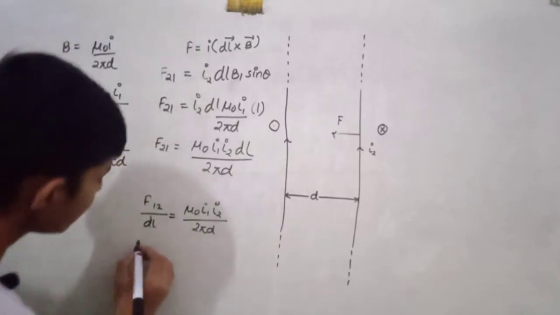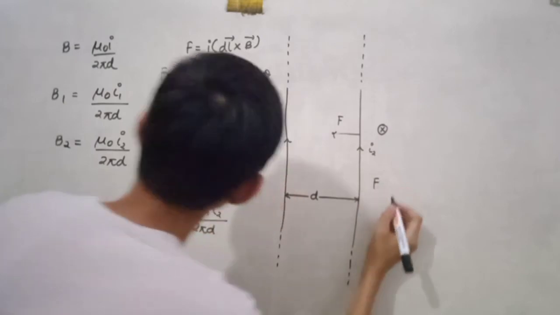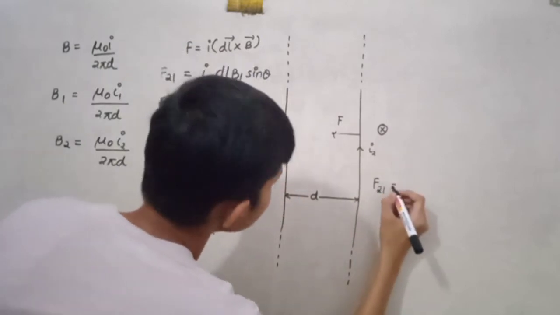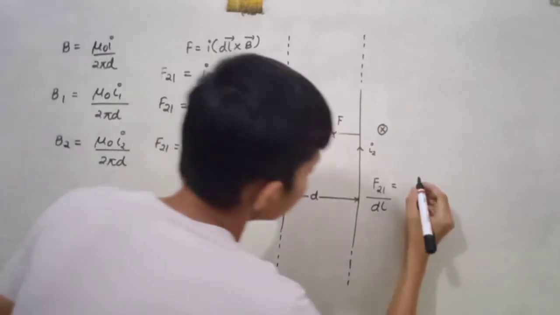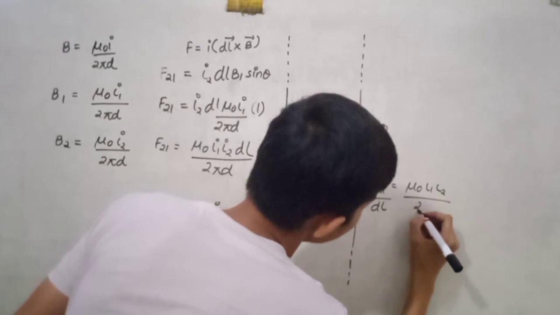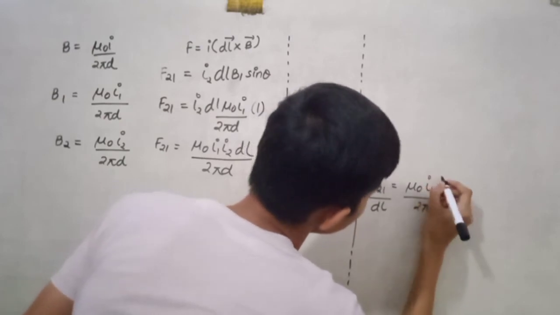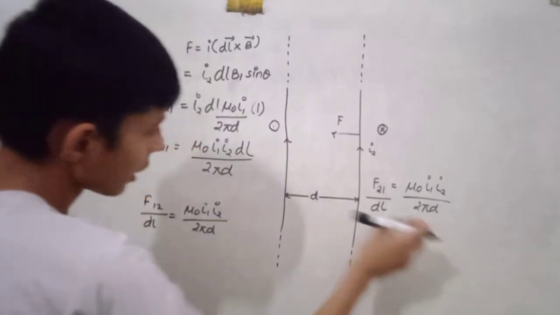Then I am writing here force on 2 due to 1, force per unit length equals mu naught I1 I2 divided by 2 pi d. So the magnitude of both the forces is same.